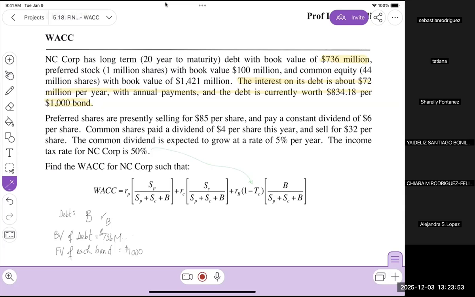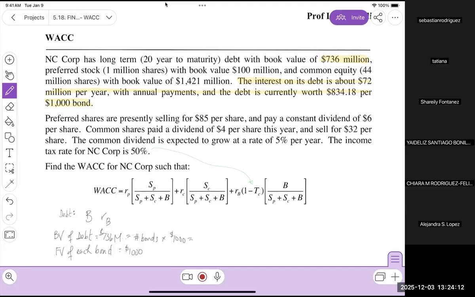Anybody got it? So like this, I'm going to erase this after, but this is actually the number of bonds times $1,000 each. That's the book value.